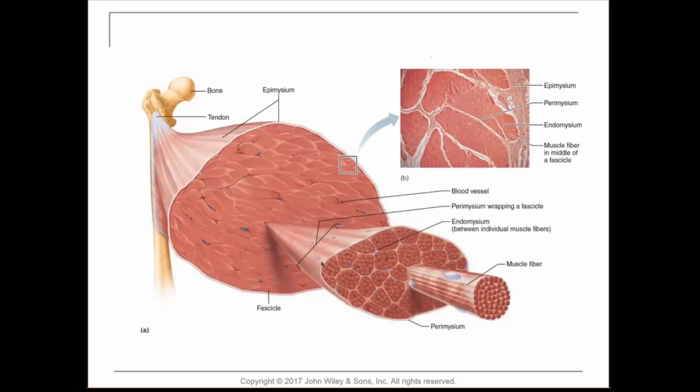But a fascicle is itself a bundle of tubes as well. These are the muscle fibers. So the whole muscle is made up of a bunch of fascicles, and these fascicles are made up of a bunch of muscle fibers. Does that make sense, guys? Are we okay with what we're looking at here?